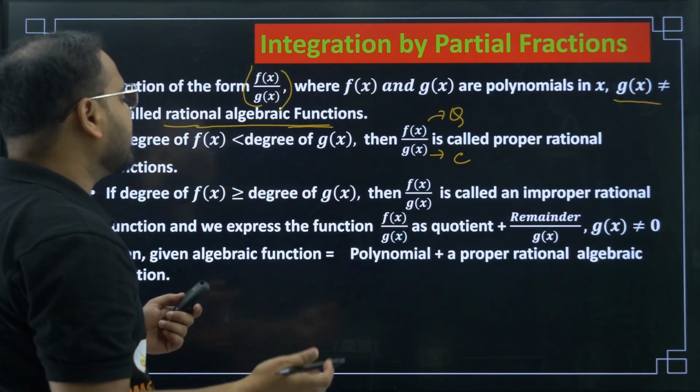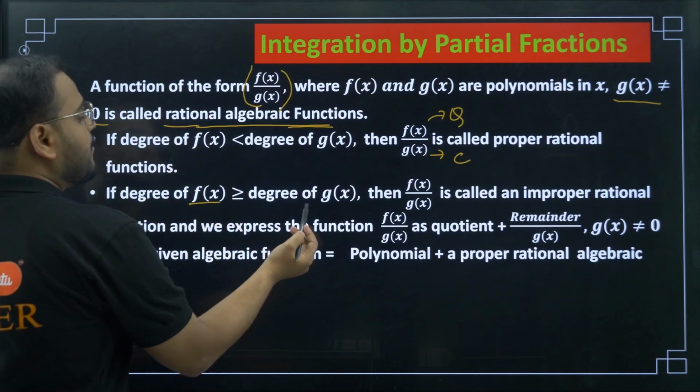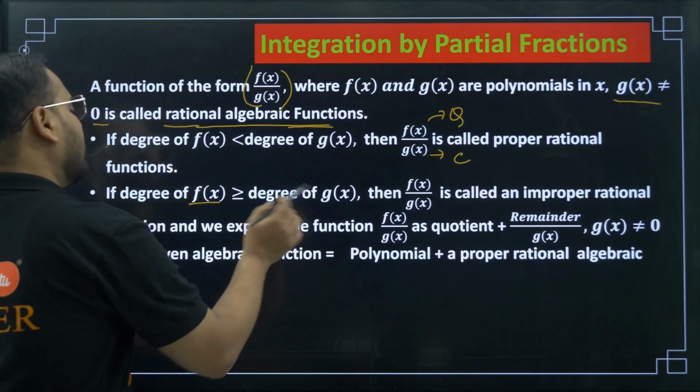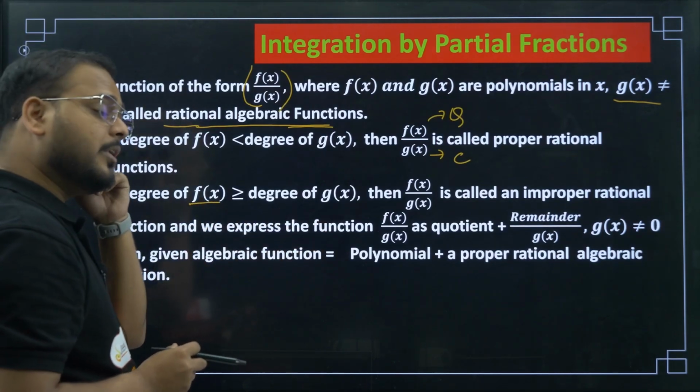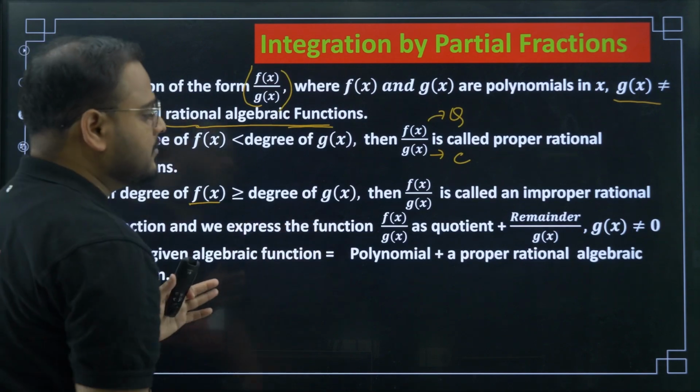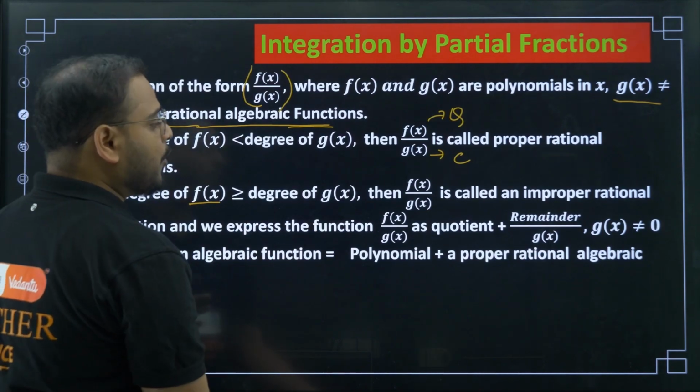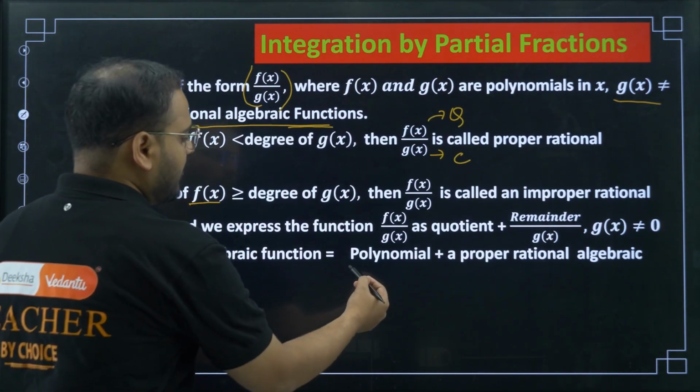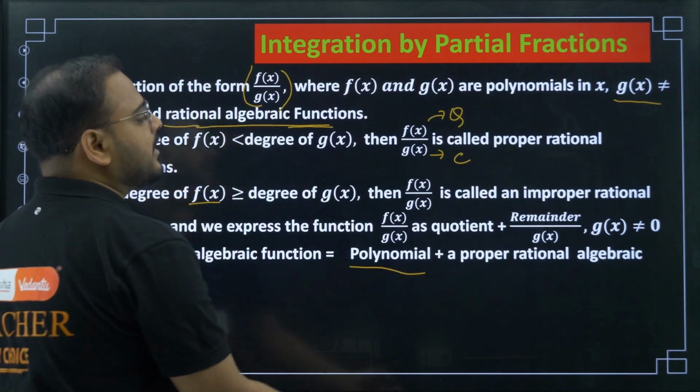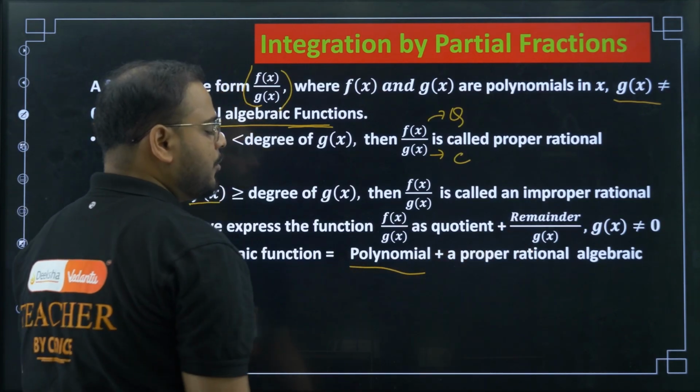Whereas in the other case, whenever the degree of the numerator is more than the degree of the denominator g(x), if you do the long division, you'll have a polynomial as the quotient and then a remainder divided by g(x).